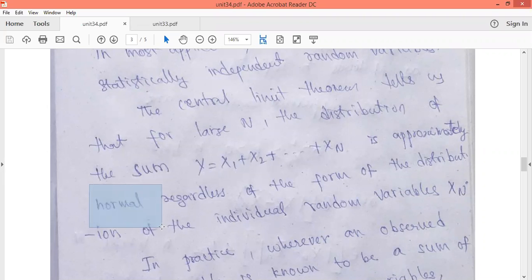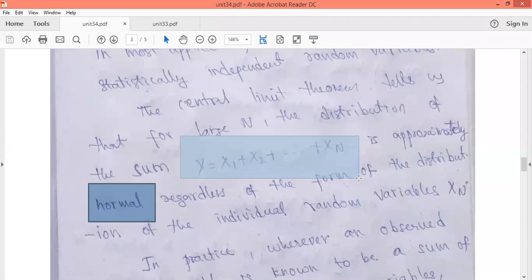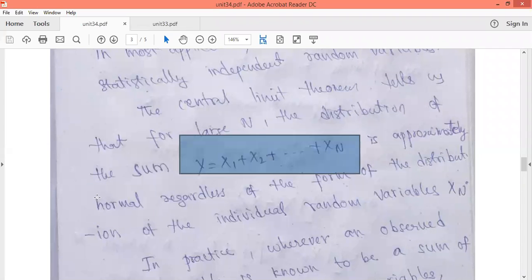So what is the distribution of the sum of n random variables? It will be approximately normal regardless of the form of the distribution function of the individual random variables. So an individual random variable can have any form, but the sum of n random variables, if n is large, will have a normal distribution.